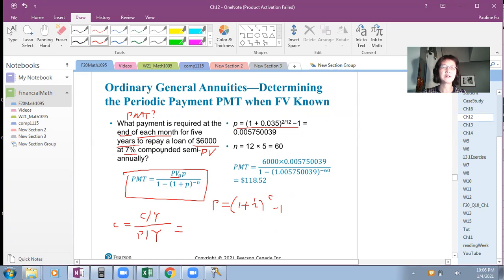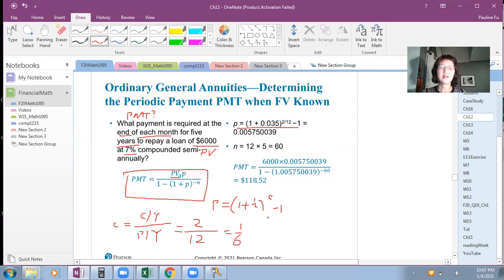Interest compounded semi-annually means CY equal to 2. 1 year, you make 2 conversions. So PY is how many payments you make in 1 year. You make payment each month. 1 year you make 12 payments. PY equal to 12. So C equal to 1/6.